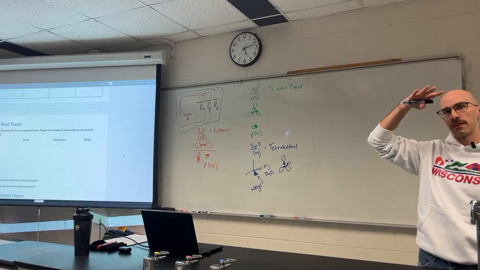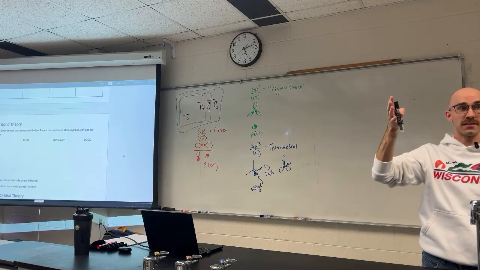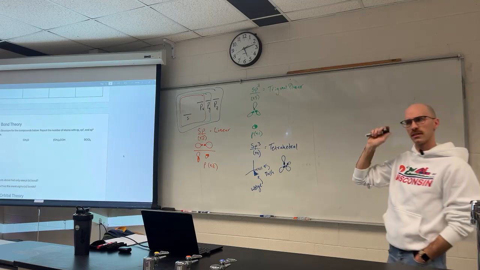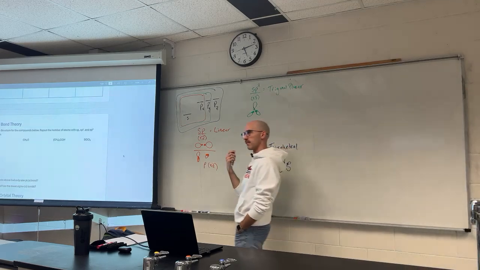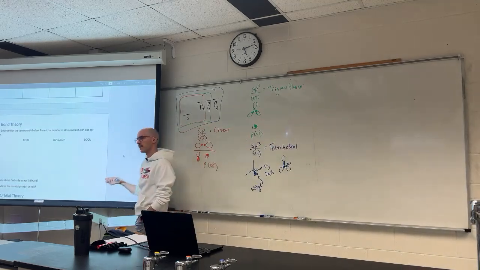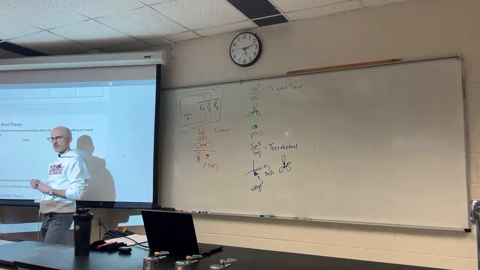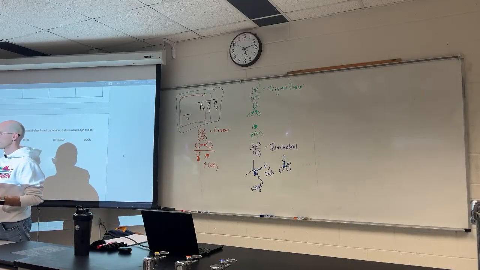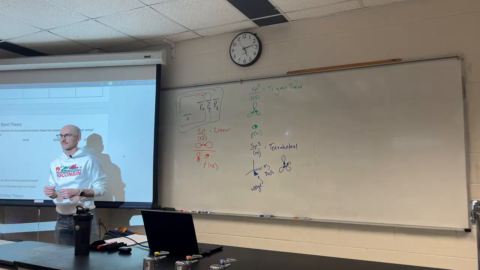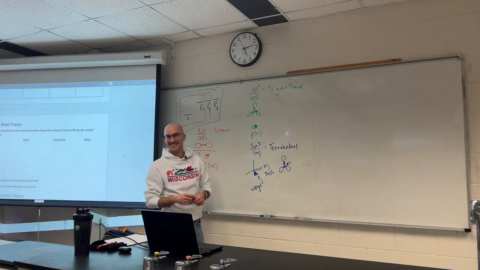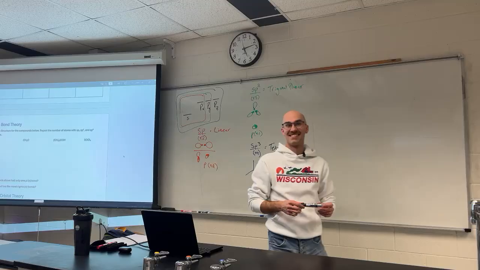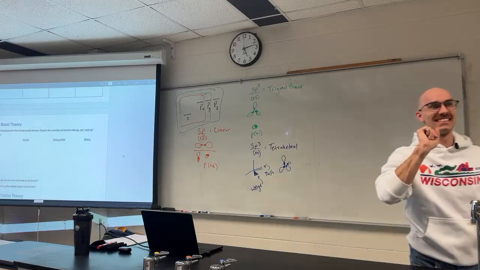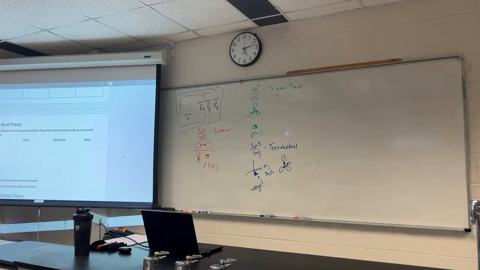Now, this was all in the scope of valence bond theory. And valence bond theory, remind me, tells us what? What is the definition of a bond based on valence bond theory? Yes.